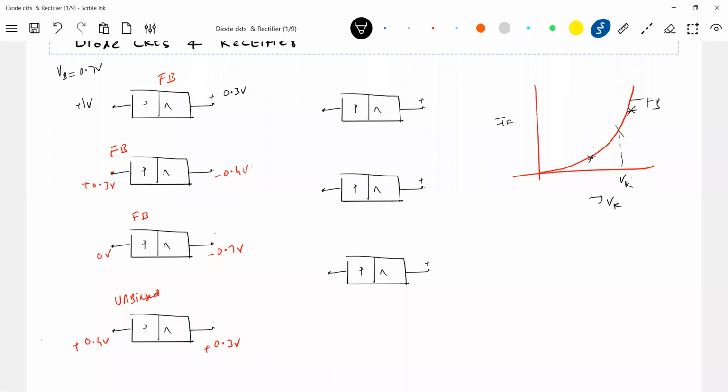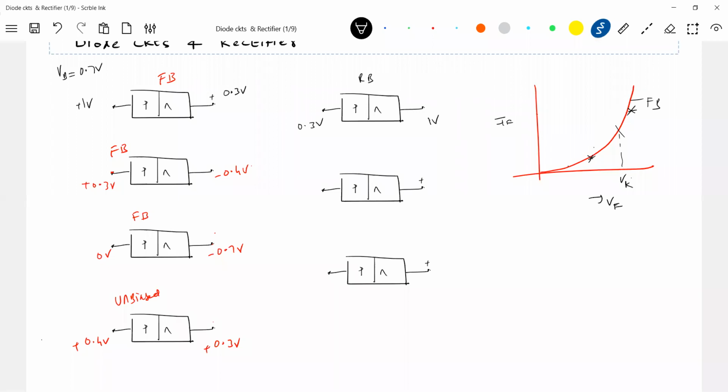Now come to this one. 1 volt and 0.3 volt. It must be reverse bias, no? Because N is more negative than P by how much? 0.7.